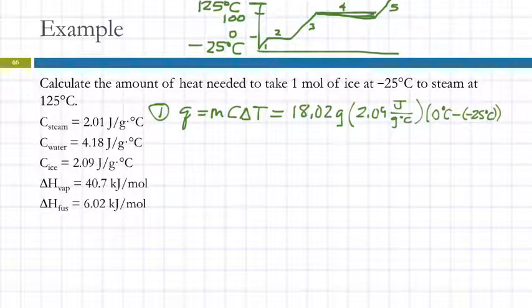So then I can calculate that. 18.02 times 2.09 times 25. So that's going to equal 941.54 joules. The grams cancel and the degrees Celsius cancel.